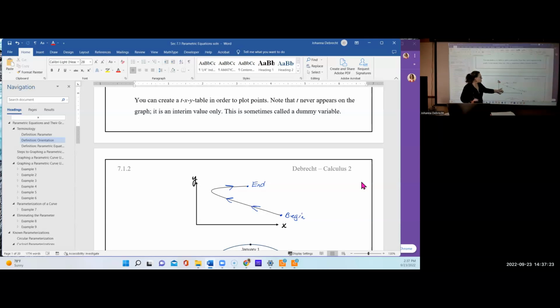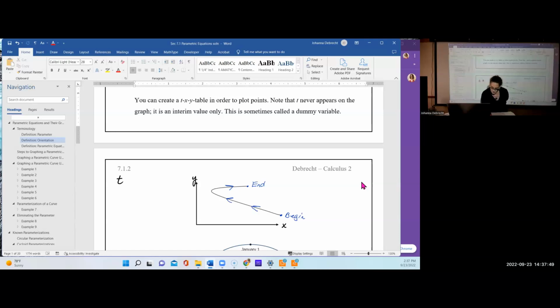But I know when it reaches this particular location by knowing what the value of t is that results in that coordinate for x and that coordinate for y. So that way I know when it reaches that particular location. So because t doesn't actually show up in the actual graph, it's often called, like I said, a dummy variable.